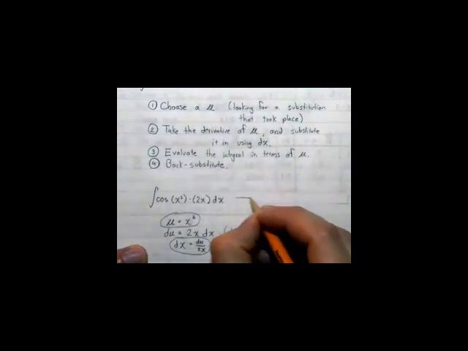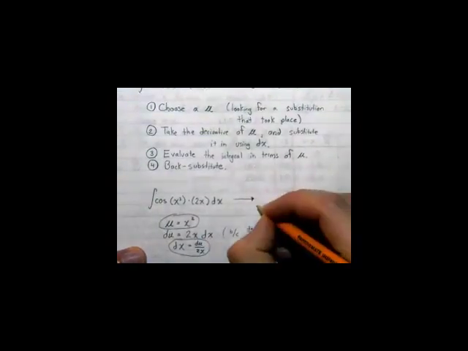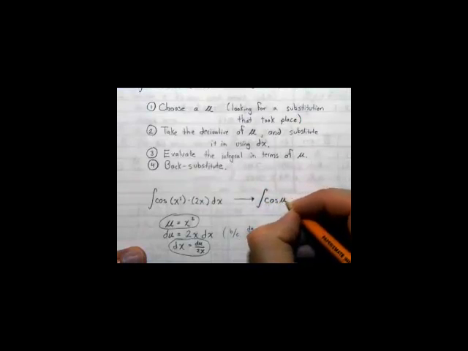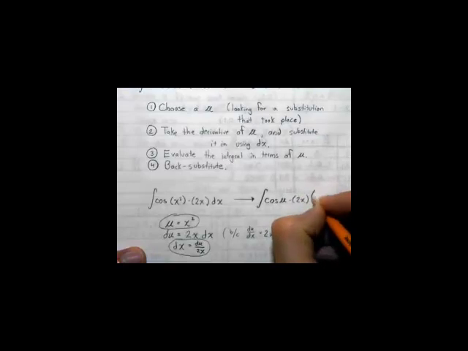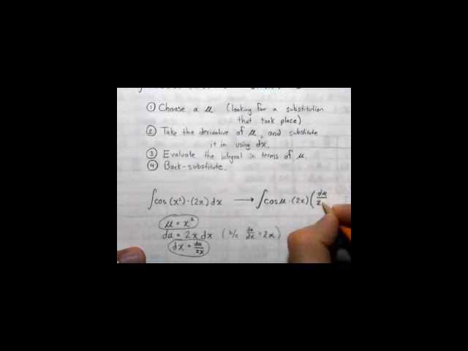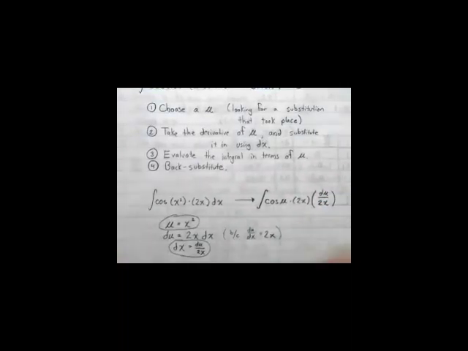Do you see how that integral has an x squared in it? It has a dx in it, so I can plop those both into that. So then what I end up with here is the integral of cosine of u, still times 2x. And then my dx we found was du over 2x.